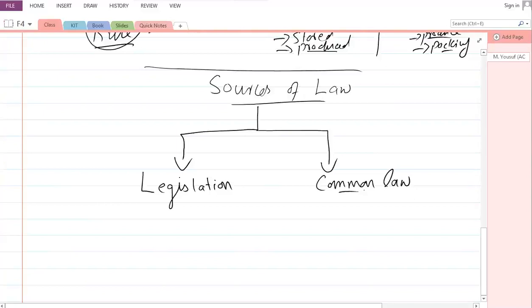So now we are going to discuss the two most important sources of law. Now, what is legislation? Basically, these two elements are called legislation.